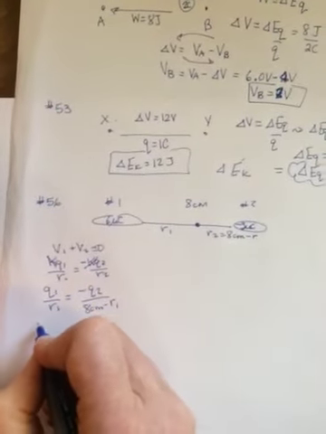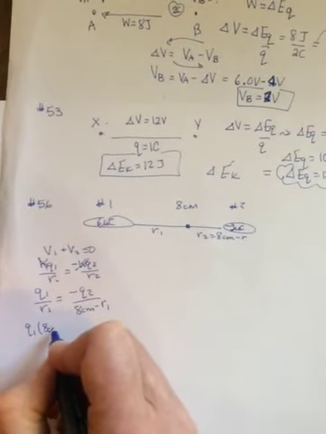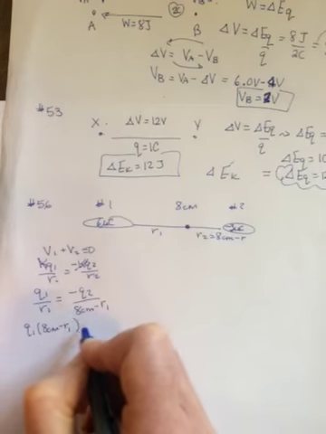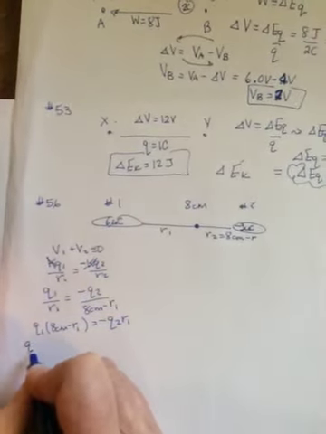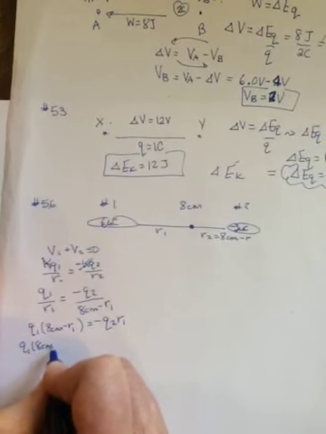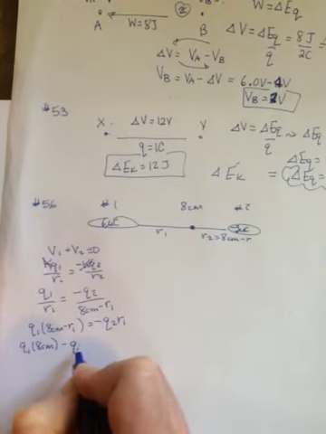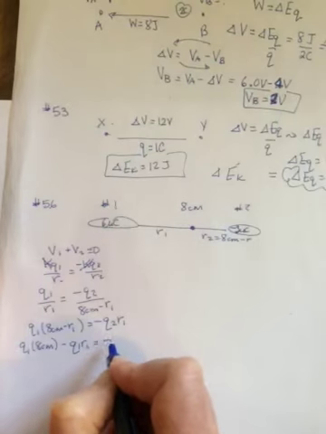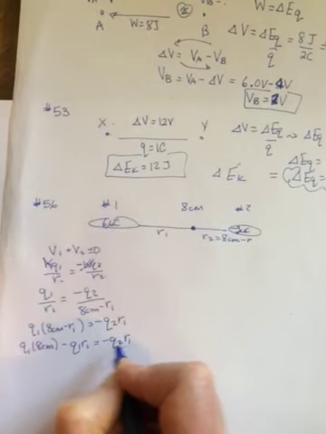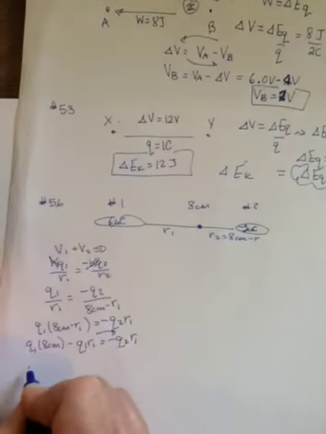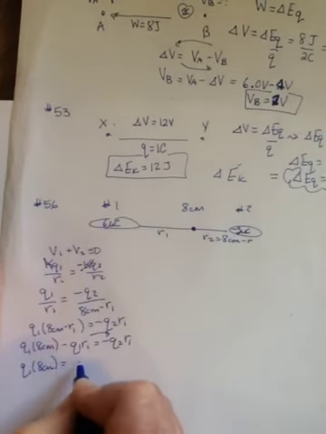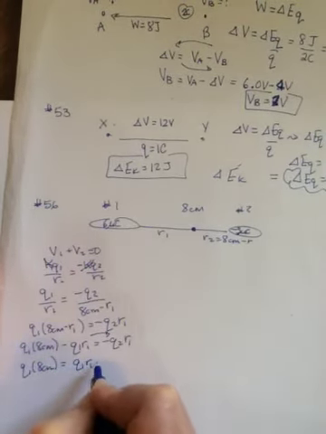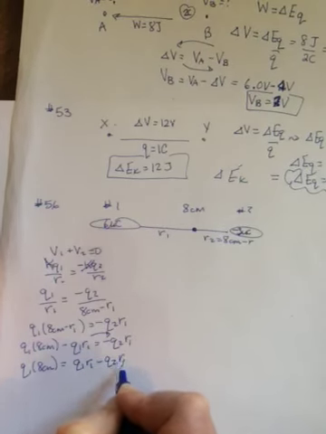Cross multiply. So it'll be Q1 brackets 8 centimeters minus R1 will equal negative Q2 R1. So Q1 times 8 centimeters minus Q1 R1 will equal negative Q2 R1. I bring this term over. So Q1 times 8 centimeters will be equal to Q1 R1 minus Q2 R1.